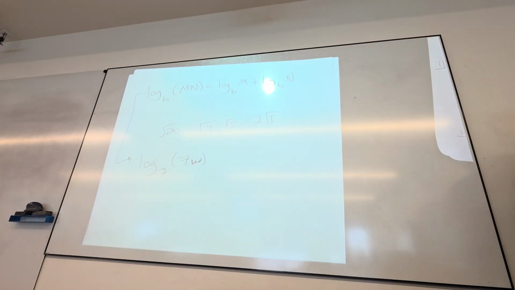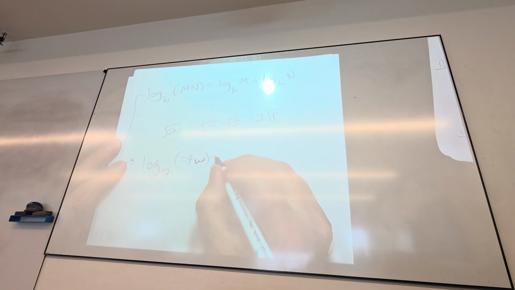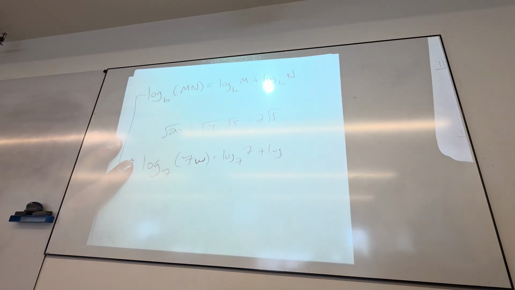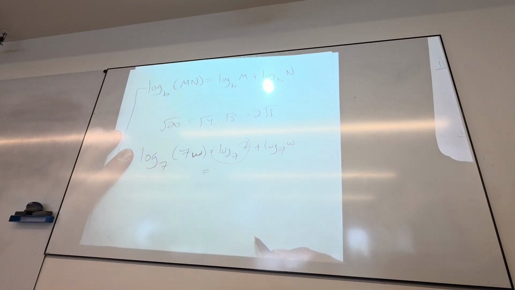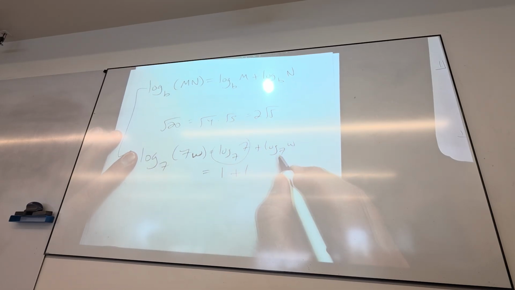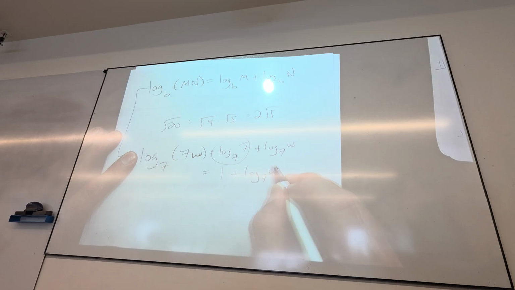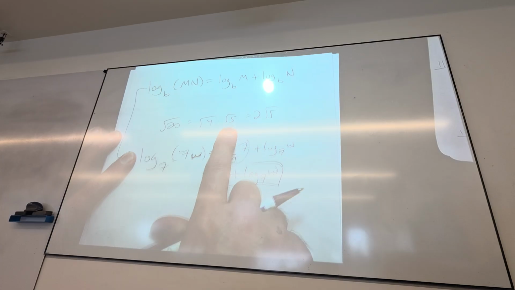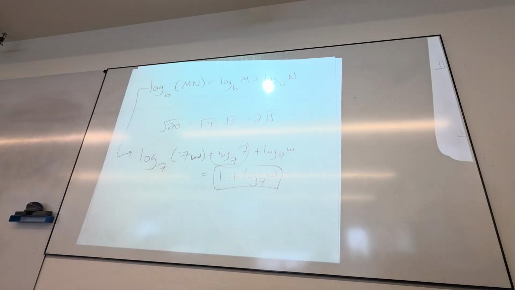When I multiply things with the same base, I add the powers. Now hit me with what you said. What's this? 1. Yeah, that's 1. And what's this? I don't know. Same thing up here. What's the square root of 4? 2. What's the square root of 5? I don't know.